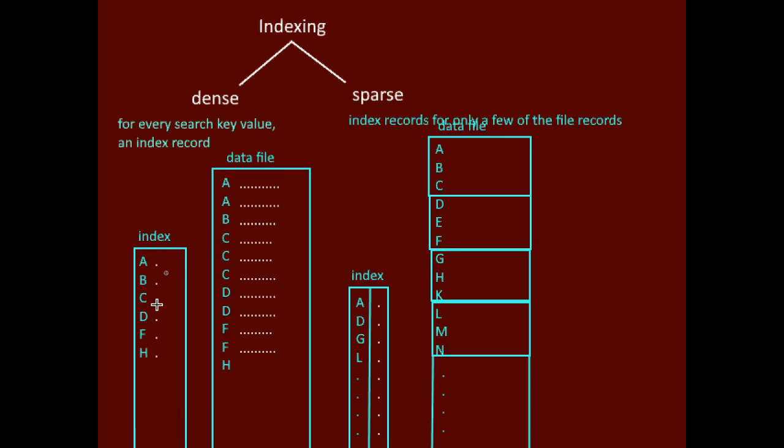So index values are maintained only for some of the records of the database file. Hence, this one can be considered as an example for sparse indexing as well as dense indexing. Because for every search key value we are having an indexed record, but index entries are not maintained for all the records of the database file too.